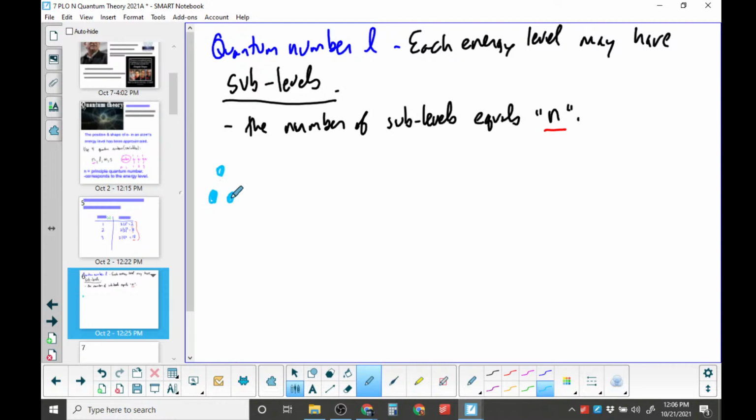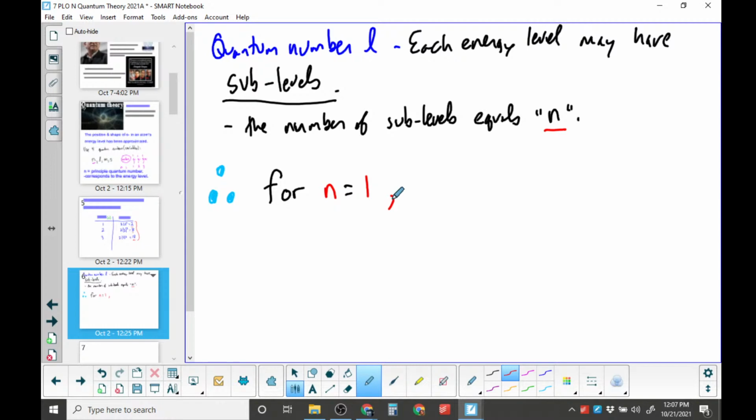Therefore, for n equal to 1, hugely important then, question, how many sublevels are there?